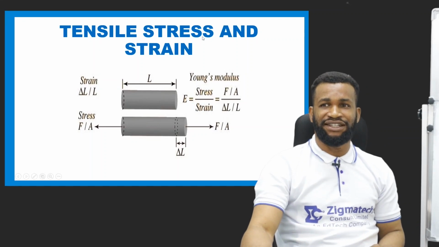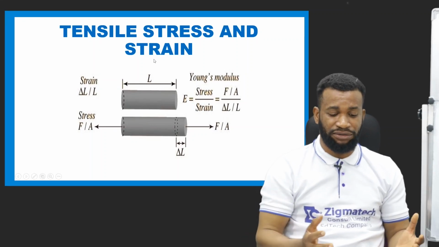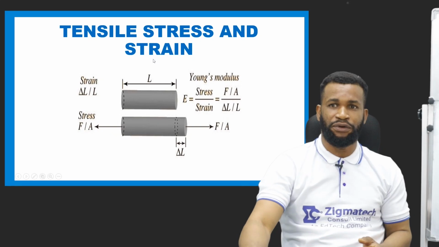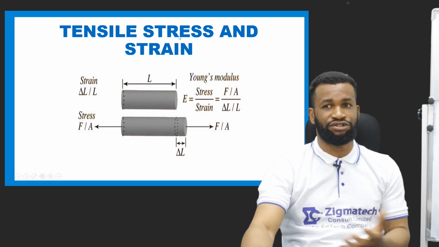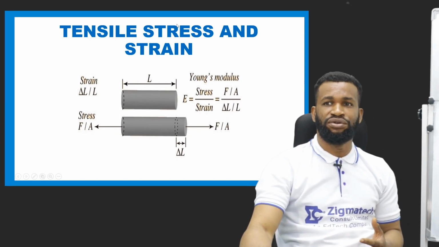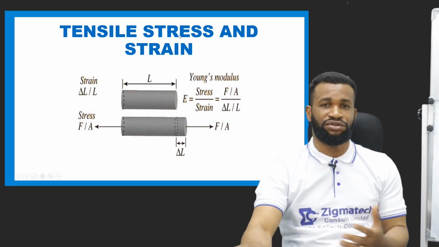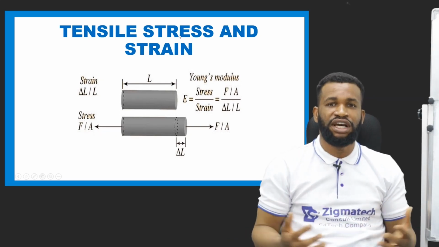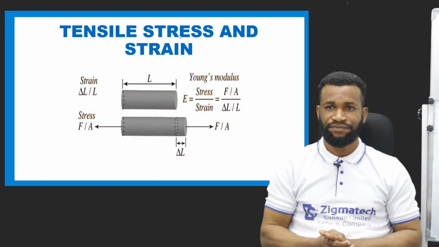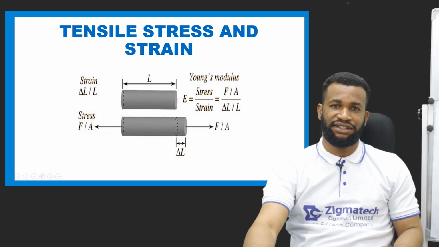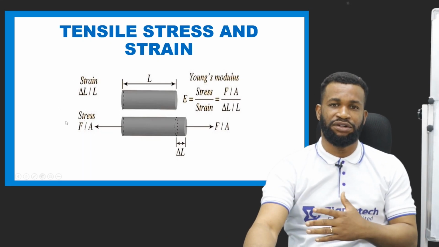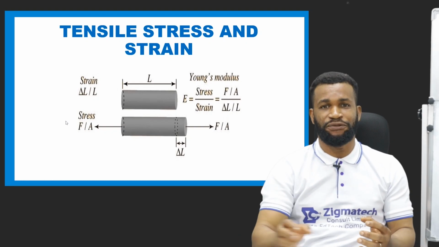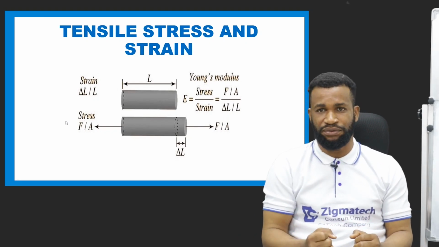Now, when we talk about tensile stress and strain, we are talking about tension, because from the word tension, we have tensile stress. And I also want you to know that when you talk about stress, we're also talking about pressure, because they all have the same unit. You know what tension is from what you learned before, which is a force applied through a rope.